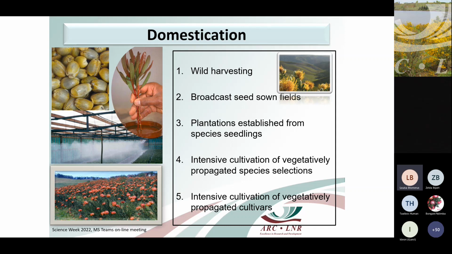No more variation, and there they could start packing these uniform boxes with flowers looking exactly the same in the photo on the left bottom. And now we start with intensive cultivation, but then you need not species anymore. Now you use cultivars. That's improved.